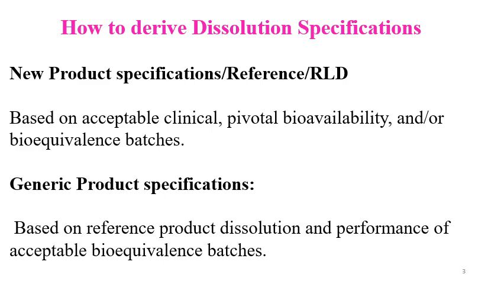Whenever you are working on the innovator formulation or new formulation, or the formulation which will be the reference listed drug or reference formulation, consider the dissolution data of clinical batches and the batches used in the bioavailability and bioequivalence studies, and based on that derive the specifications.